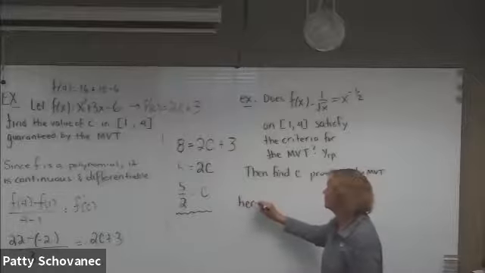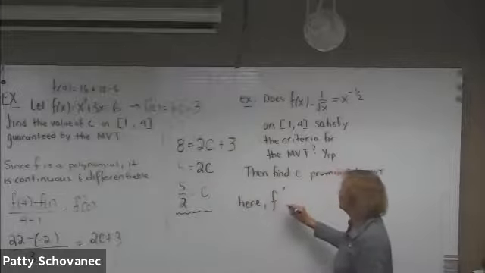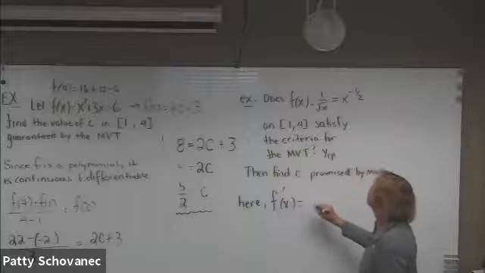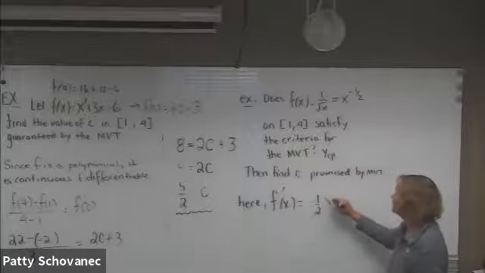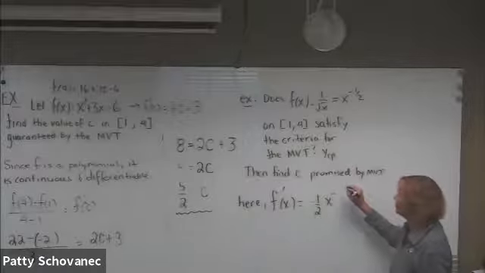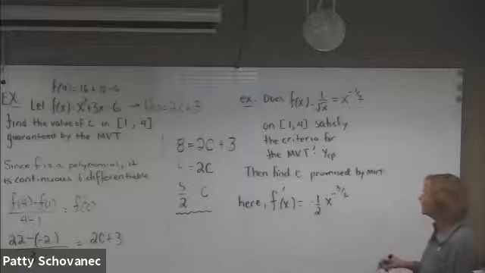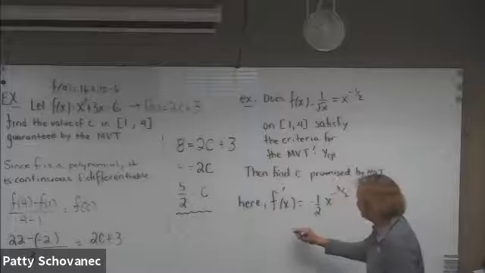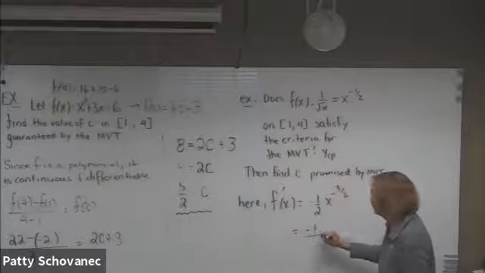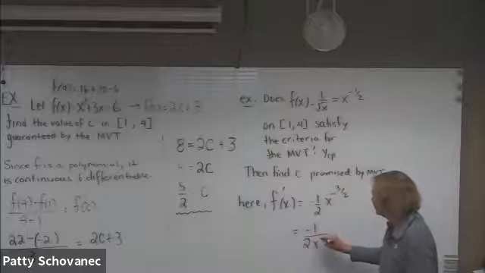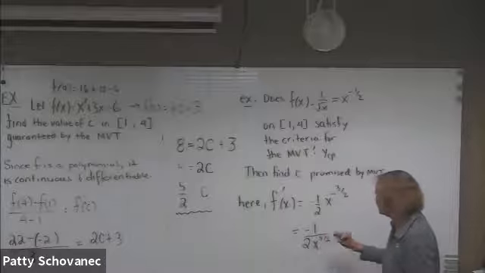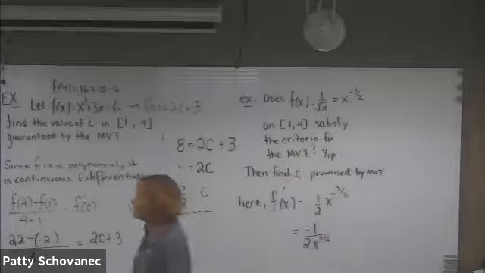F prime in terms of x is negative 1/2 x to the negative 3/2, right? And I can simplify that by moving the x to the 3/2 to the bottom and making the exponent positive.